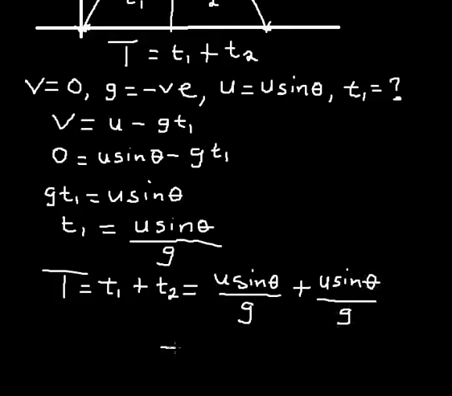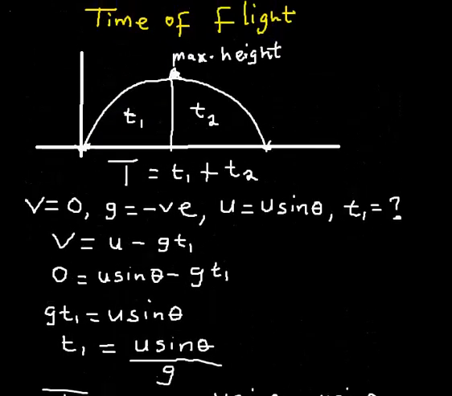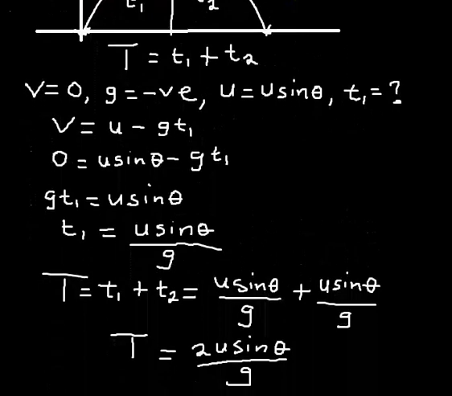If you add that together, u sine theta plus u sine theta gives me 2u sine theta. So the time of flight of a projectile is given as 2u sine theta all over g. So please take note of the formula: 2u sine theta all over g. All right, the next parameter or equation is that of maximum height.